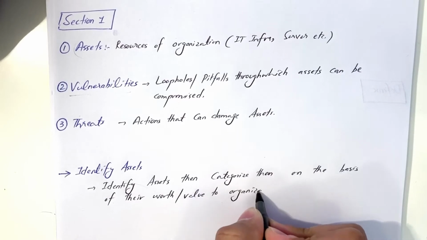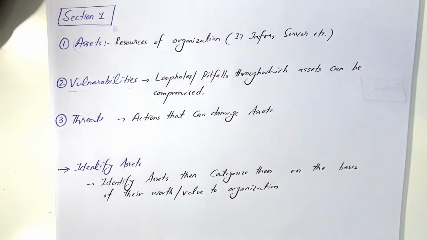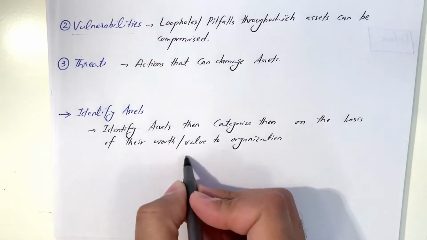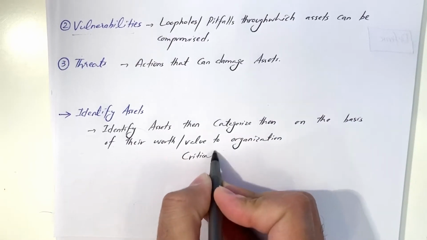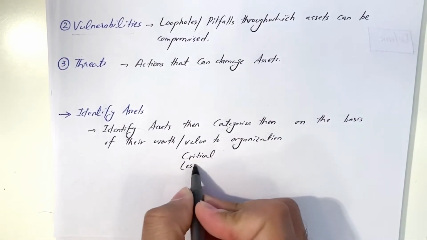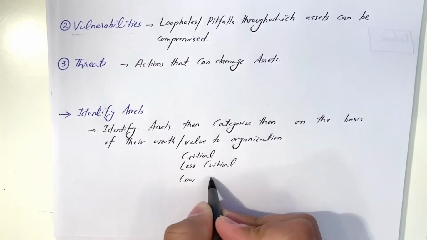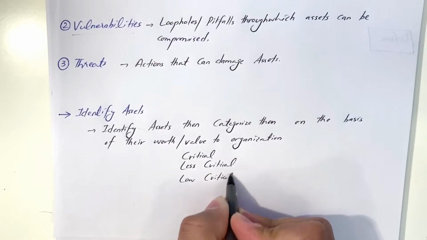Like what is their value, for example, if that particular asset gets compromised, what will be the impact on the organization, stuff like that. So we categorize them depending upon that: some assets could be critical, some less critical, or low critical, or you can say minor.